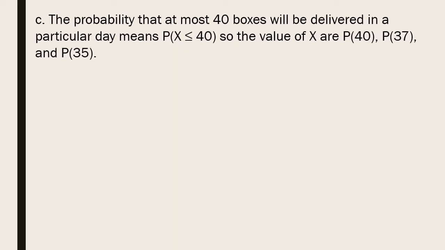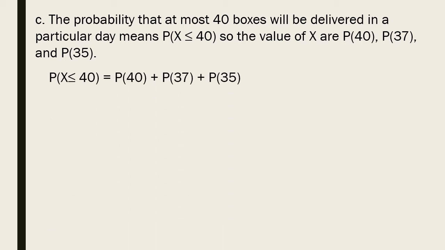For letter C, the probability that at most 40 boxes will be delivered in a particular day means we are looking for the probability of X less than or equal to 40. So the values of X here are P of 40, P of 37, and P of 35.